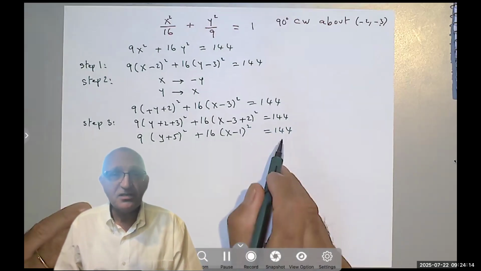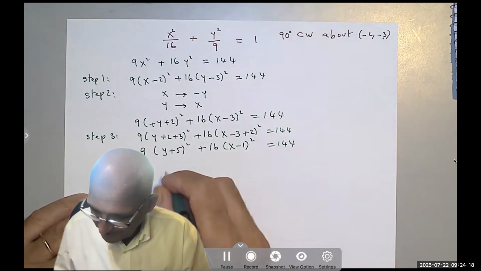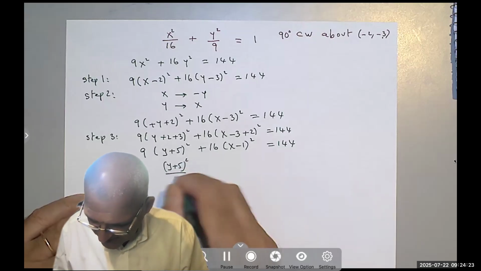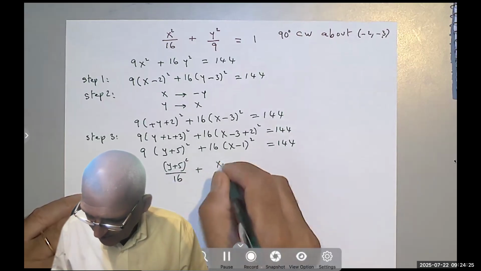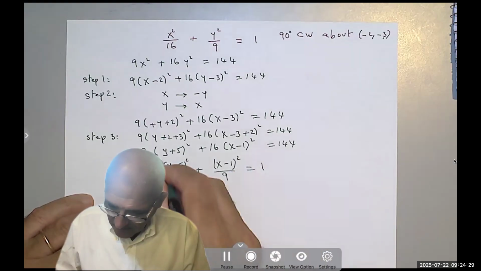That's the equation. If you want to divide it by 144, you will get (y plus 5) squared over 16 plus (x minus 1) squared over 9 equals 1.